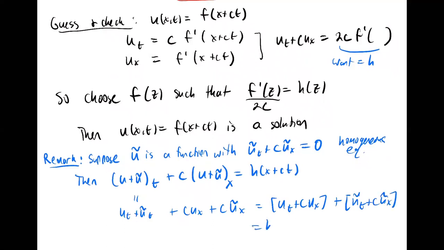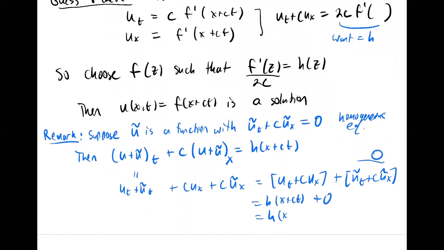And so the first term we saw, based on our choice above, is just h of x plus ct. And the second term is 0, right? Because this solves the homogeneous equation. And so this is another solution, right?